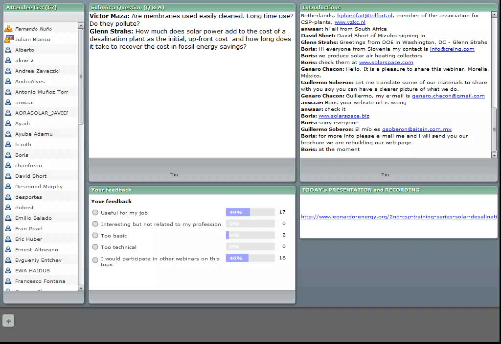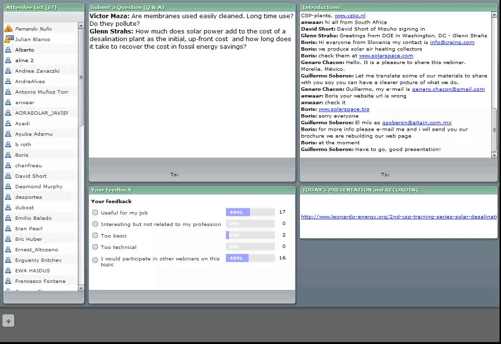So I see that the more reasonable way is not to install plants with just a solar field to drive MED, but to use solar power plants in which you have already installed the solar field.